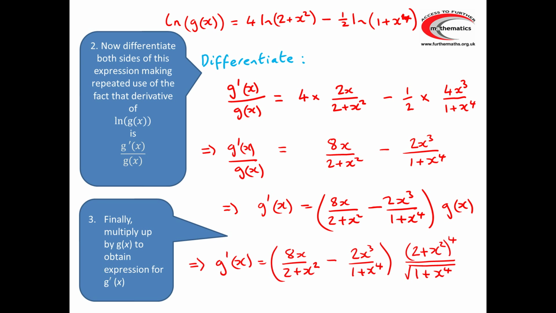Or in other words, g dash x is that horrible bracket times by the original function. So there we are, we've managed to differentiate that really rather nasty looking function without needing to resort to chain rules or quotient rules.